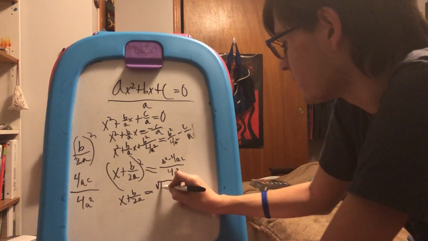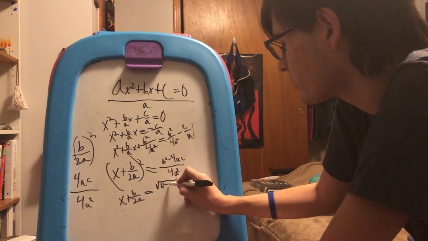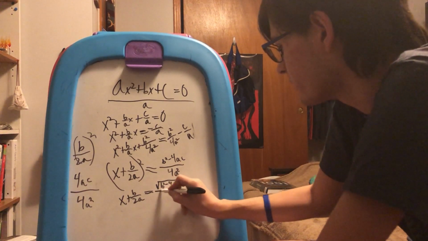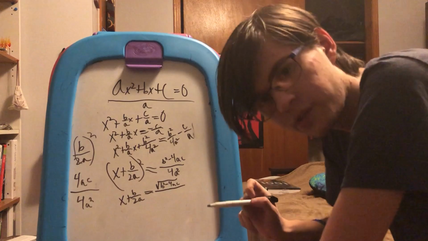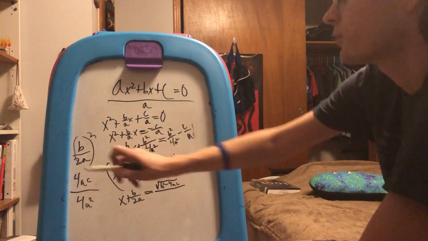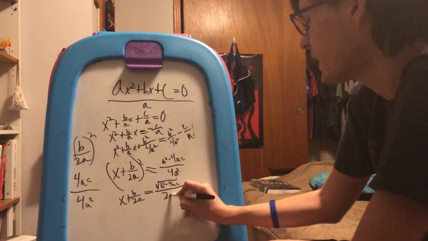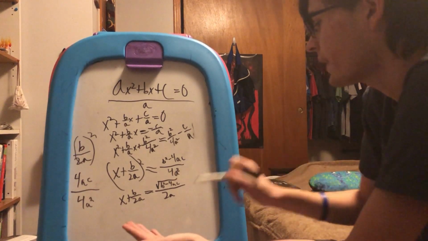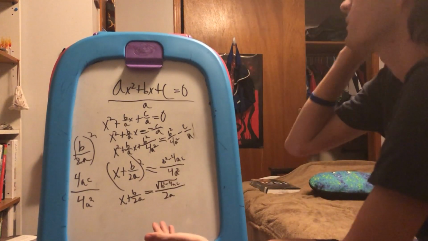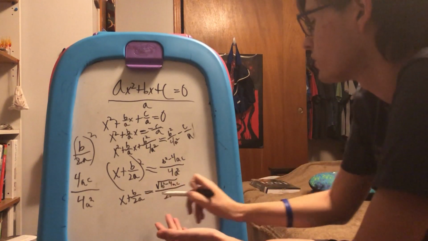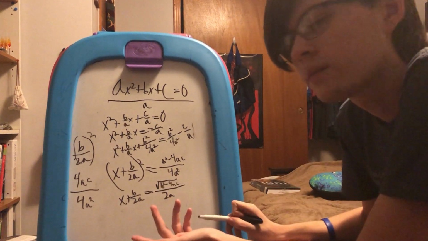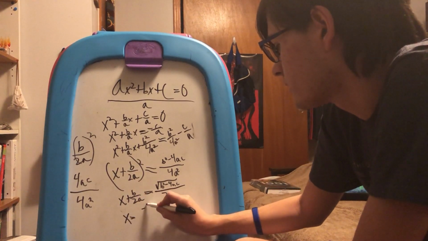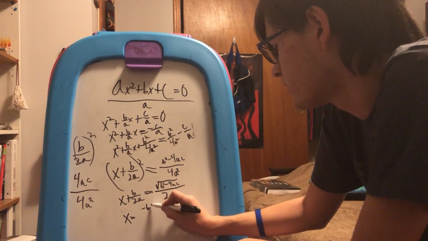So it's the square root of b squared minus 4ac over, but this we can take the square root of, because it's just this squared. So we have 2a. Now we just need to isolate the x, and to do that we subtract b over 2a from both sides. And oh look, we have like denominators. So it's as simple as x equals negative b.